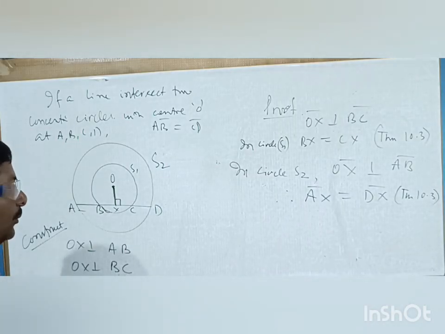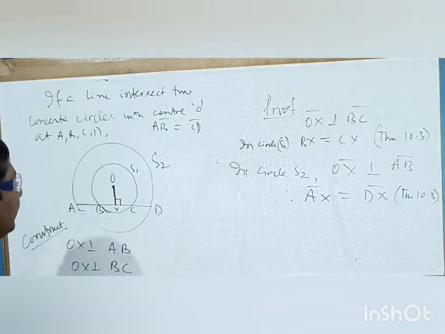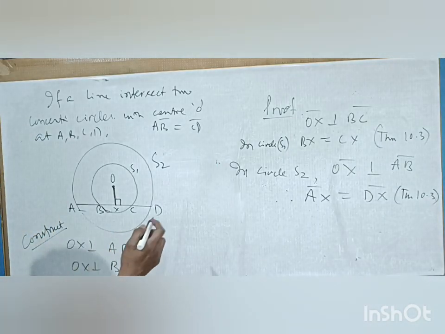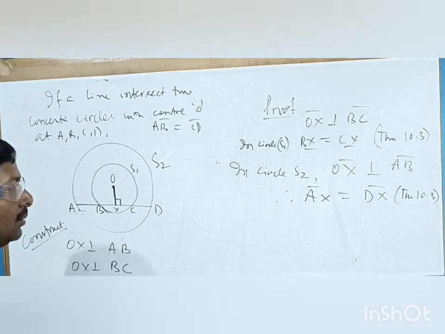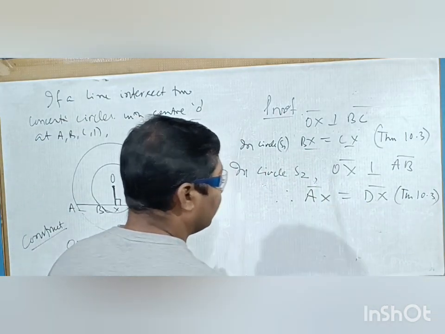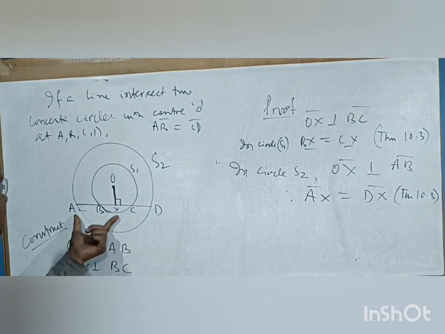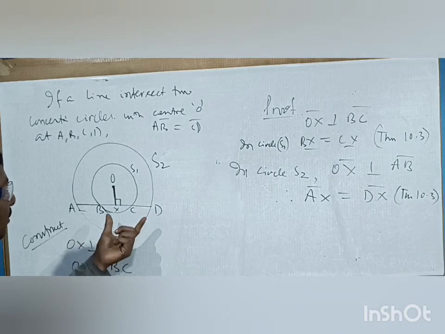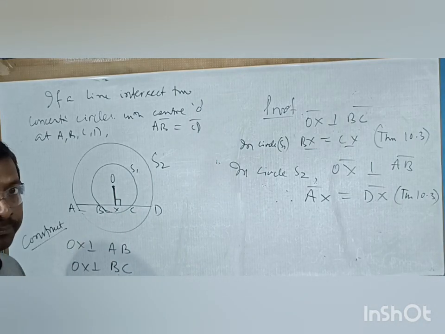Now see carefully how I am proceeding forward. If BX is equal to CX, can I subtract the same thing from here and here? If I subtract BX from AX, I will get AB. If I subtract CX from DX, I will get CD. That's why I am subtracting.